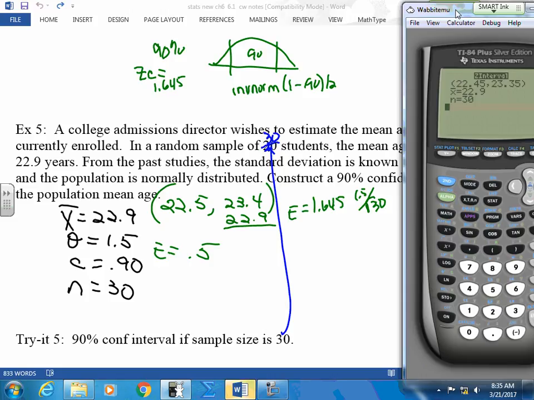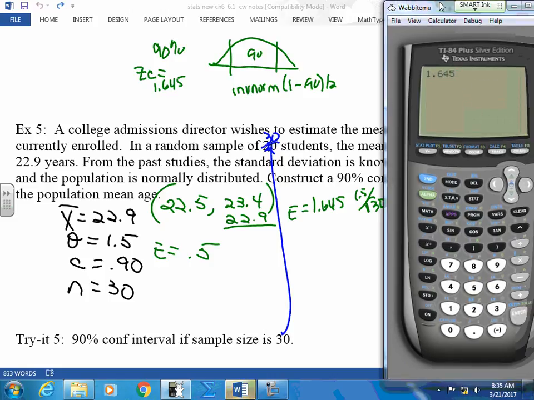So when I put this in, I get 1.645 times 1.5 divided by the square root of n. Whoa. Okay, I did something wrong.